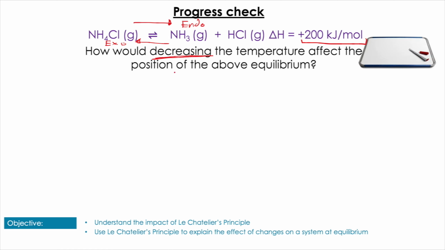So how would decreasing the temperature affect the position of the equilibrium? Well, we know if we decrease the temperature, we're going to get the reaction to resist us, and it's going to try and increase the temperature. Well, how can a reaction do that? Using Le Chatelier's principle, it's going to shift to the left-hand side to be able to give out more energy to the surroundings.